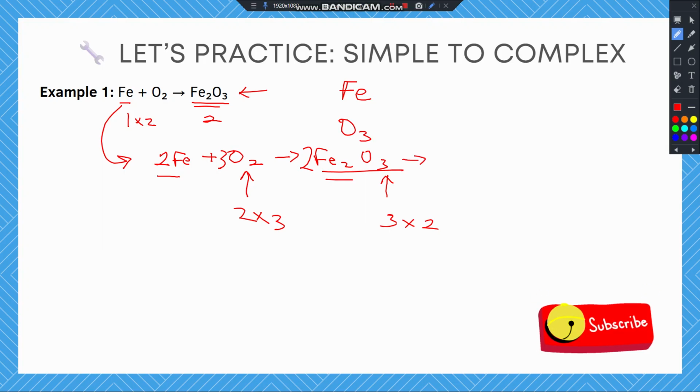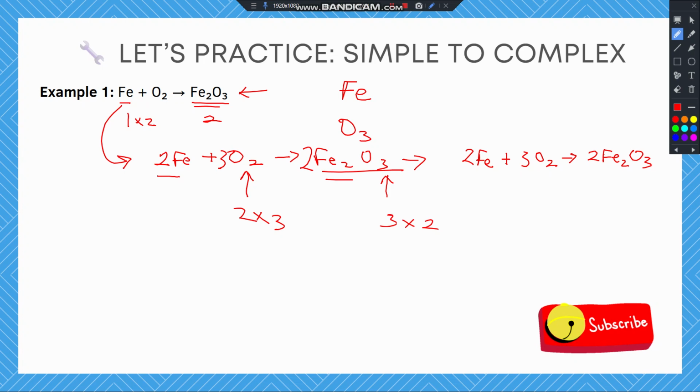So the equation now becomes 2Fe plus 3O2, giving us 2Fe₂O₃.